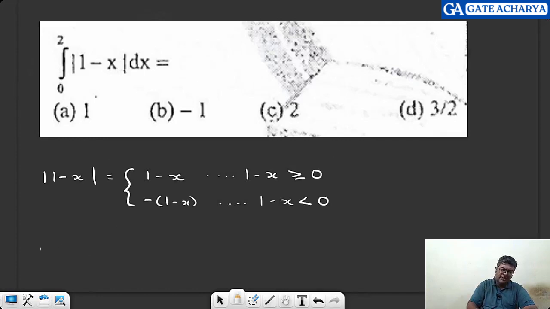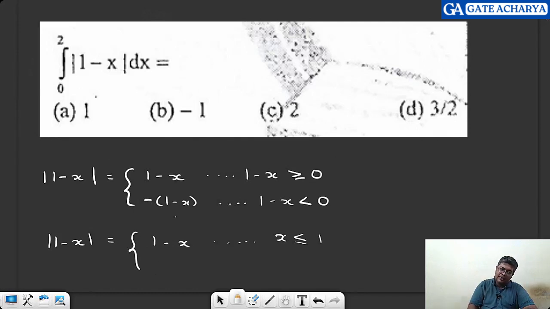So now simplify it. 1 minus x greater than or equal to 0: if I take minus x to the other side, it becomes positive x, right? So that is 1 greater than or equal to x, that is x is less than or equal to 1. If x is less than or equal to 1, I will go for 1 minus x.